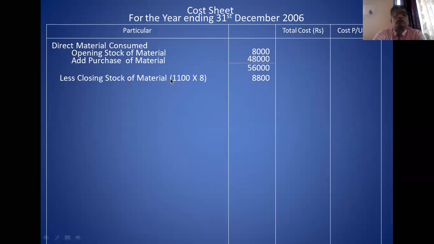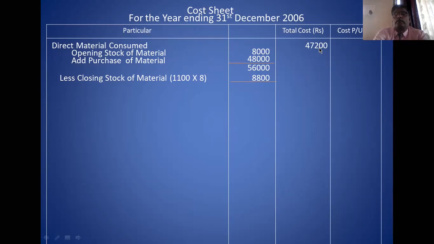Then less closing stock of raw material, 1,100 units at the rate of 8 rupees. This 8 is the raw material cost per unit, given in the purchase transaction.